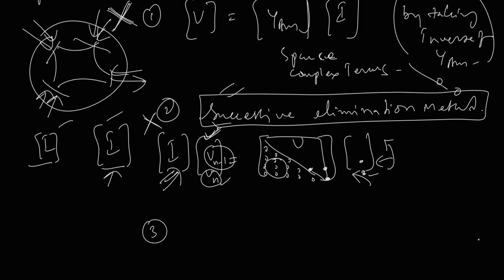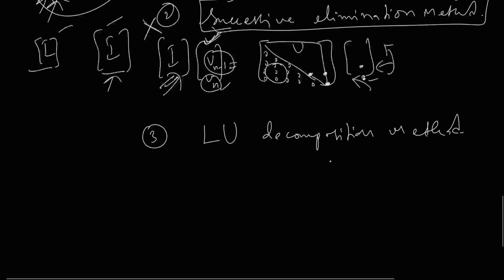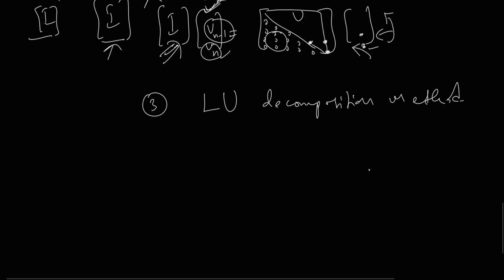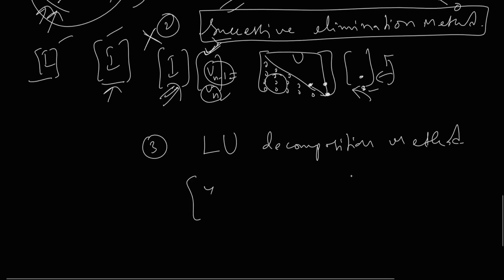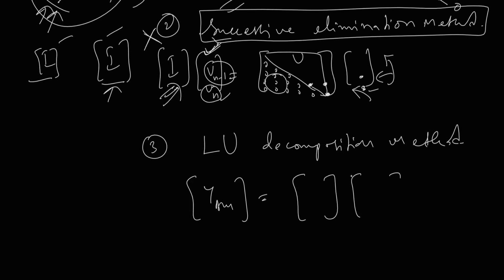Now the third method, which is most widely used, is the LU decomposition method. Once you decompose the Y bus into LU factors, the lower triangular matrix and upper triangular matrix, the product of L and U will be equal to the Y bus.